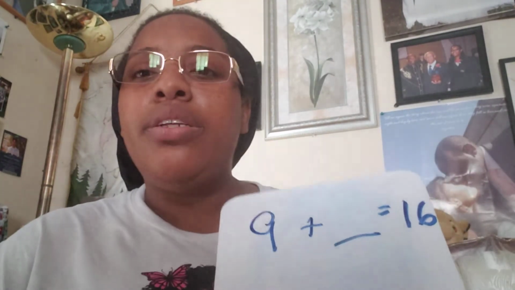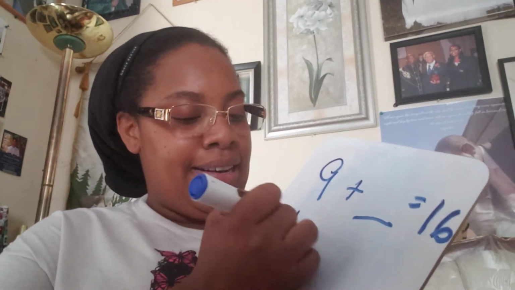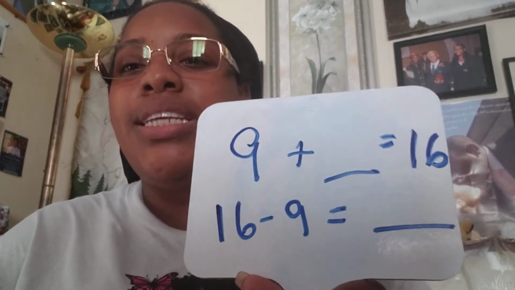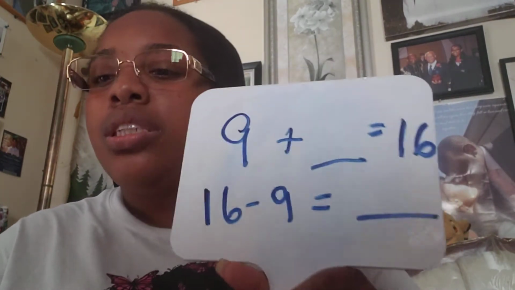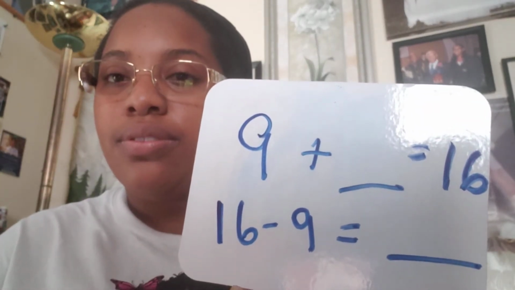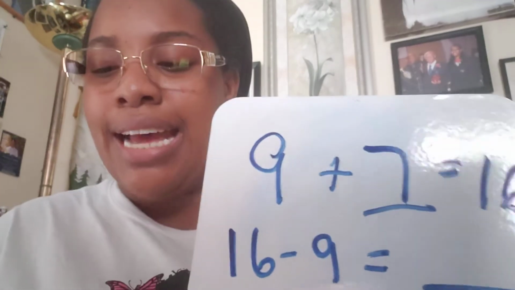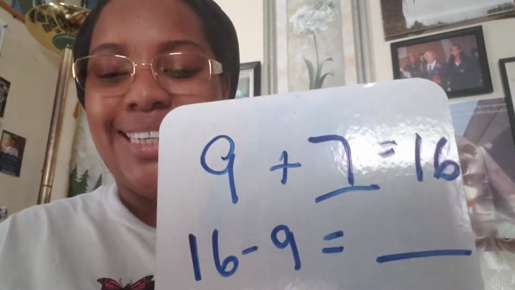Well, what are we going to do? We don't know what 9 plus something equals 16. Well, what we can do is do 16 minus 9 equals what? What is 16 minus 9? Did you say that it's 7? If you did, you're correct, because 9 plus 7 equals 16.